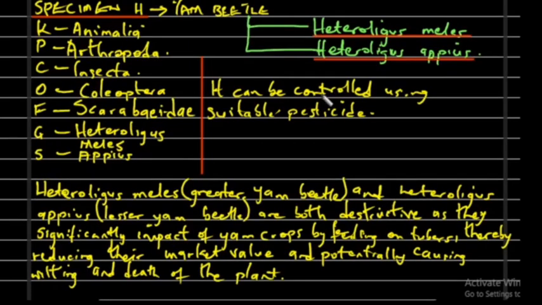So we move over to the next specimen, which is specimen H, talking about yam beetle. Now classifying yam beetle, we say that the kingdom is Animalia, the phylum is Arthropoda, the class is Insecta, the order is Coleoptera, the family is Scarabaeidae, and then the genus is Heteroligus. Heteroligus is its genus, and then for species, we have two types of this yam beetle.